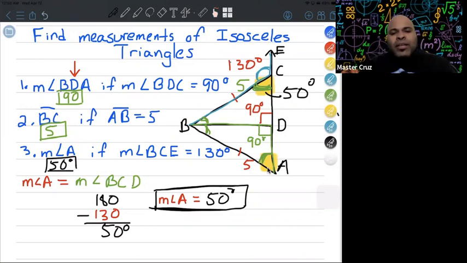So with all this information that I just gave you, you will be able to find the measurements, whether using numbers or using expressions, of the angles inside. So set them equal to each other if it's these two, set them equal to each other if they tell you that these two are congruent, and set the sides equal to each other if they tell you they're congruent. And that's how you find measurements of isosceles triangles.